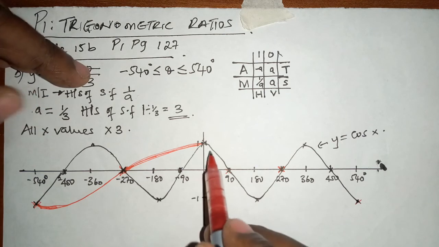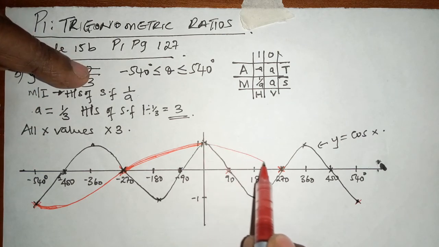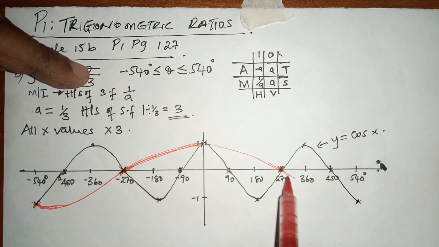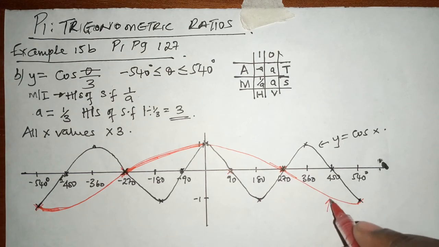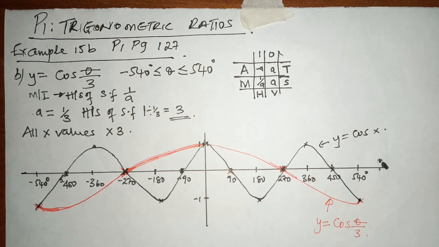On the right-hand side, the graph looks like that. The red graph is the graph of y equals the cosine of theta over 3. You can already see that it has been stretched 3 times.